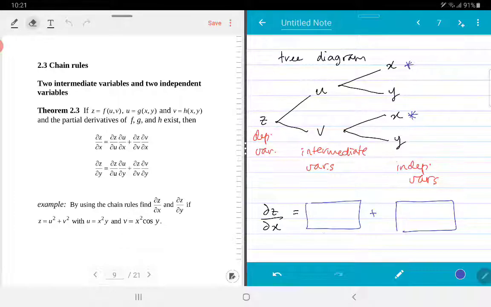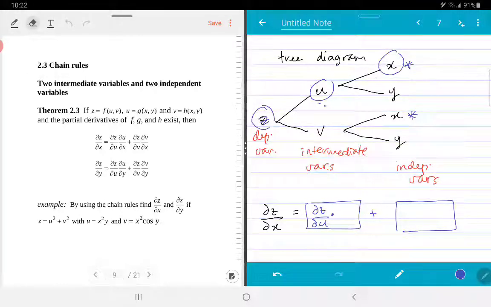Okay, now let's find the first term. The first term is where you want to go from this z to this x, but you have to go through u first. So from this z to this u, it's going to be partial z partial u.